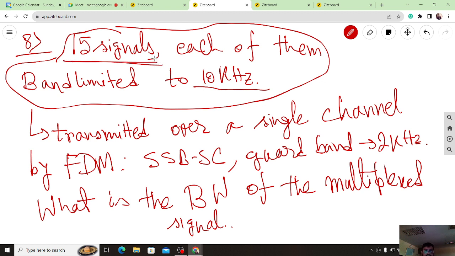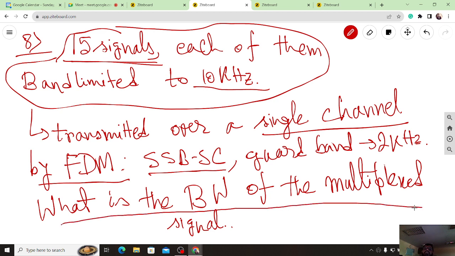We have 15 different signals and each is band limited to 10 kilohertz. We transmit all the signals over the channel with frequency division multiplexing, sending each at a different frequency, using single sideband suppressed carrier. Each has a guard band of 2 kilohertz, so there is a separation of 2 kilohertz between each of the signals. So the question is, what is the total bandwidth of the multiplex signal?